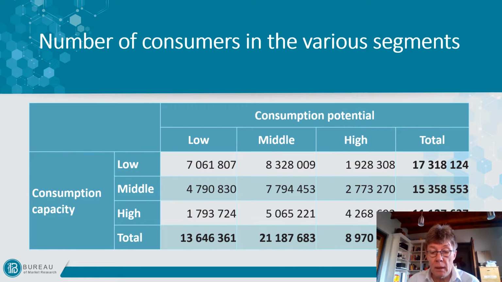When we apply this to the South African population by using the MAPS data, you will find, for example, that the distribution is as follows. With respect to consumption capacity, you've got on the low side about 17 million, and this makes sense when you look, for example, at poverty statistics in South Africa.